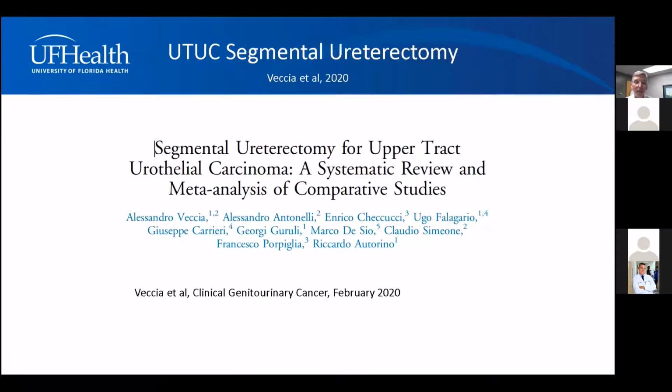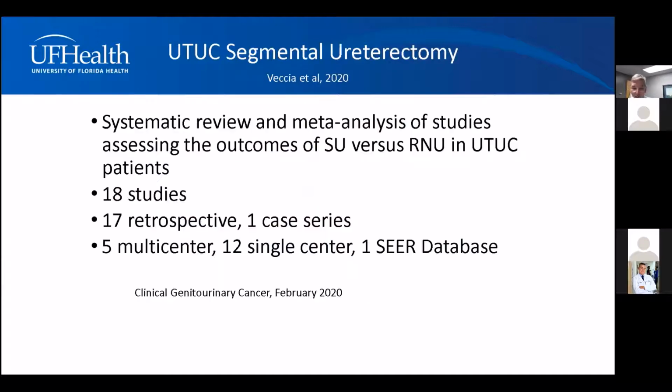All right, so segmental ureterectomy. This was a systematic review and meta-analysis on the comparative studies of this, recently published in 2020. It included 18 studies, 17 retrospective, multi-center and single-center studies.